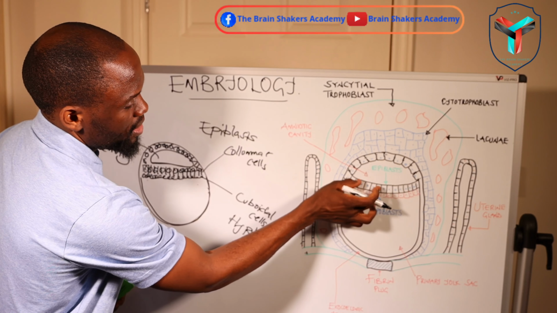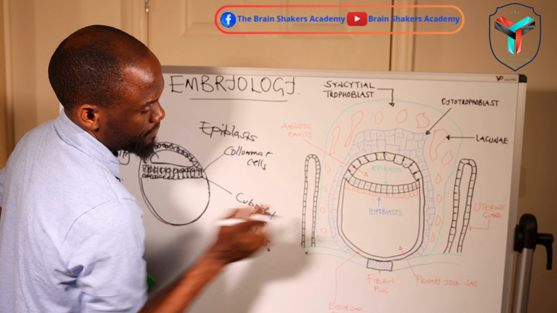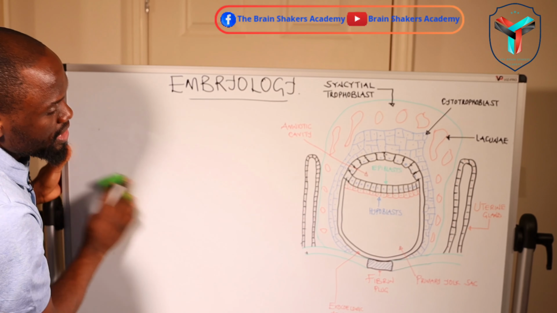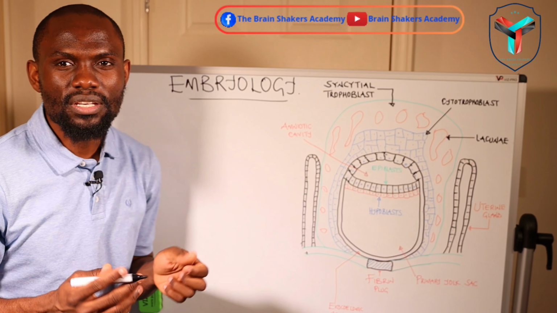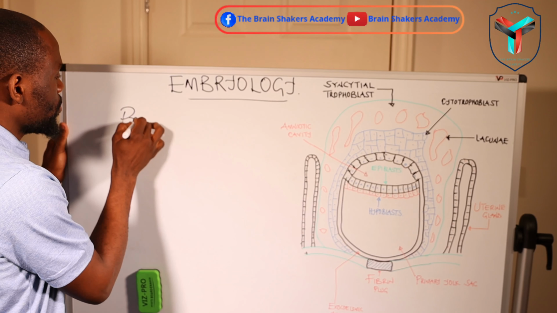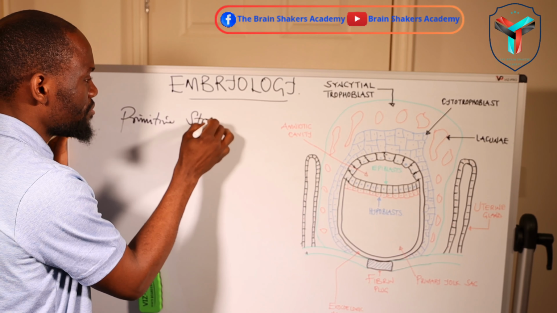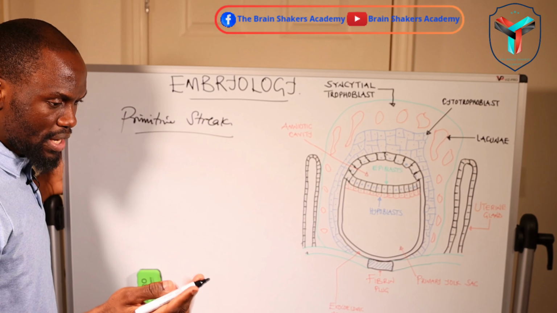So you have the epiblast and your cuboidal hypoblast. Now, what is going to happen thereafter is that just on top of the epiblast, there is going to be development of what we call a primitive streak. Okay, so a primitive streak is the beginning now of the formation of the structures themselves.